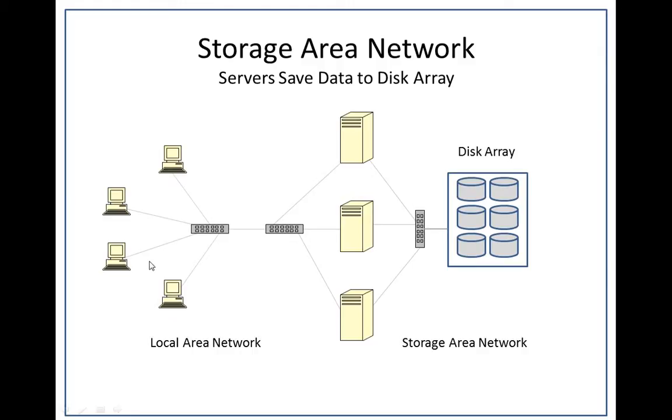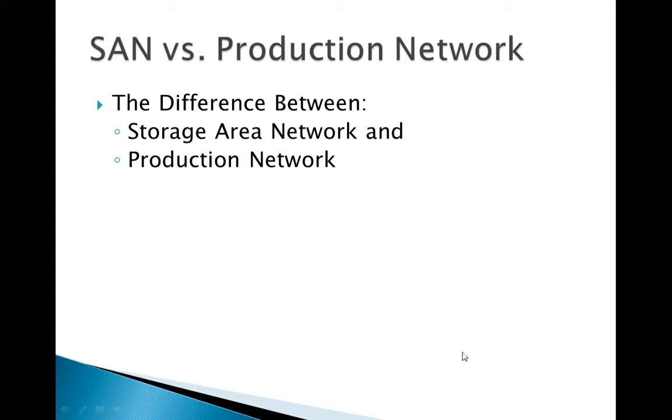The local area network, you already know what that is, and that can be 100 meters across. But a storage area network is a much smaller area, like 10 feet across. It's going to be in the same room.